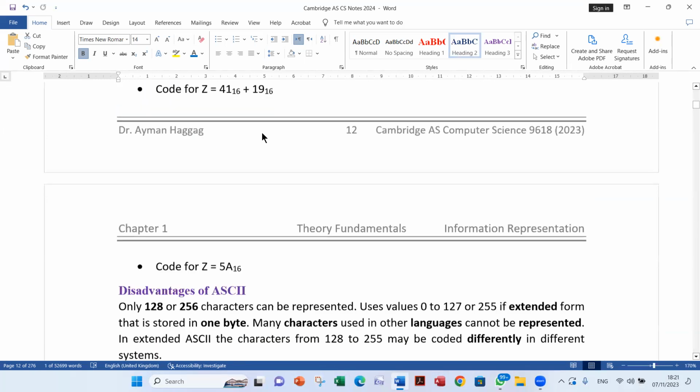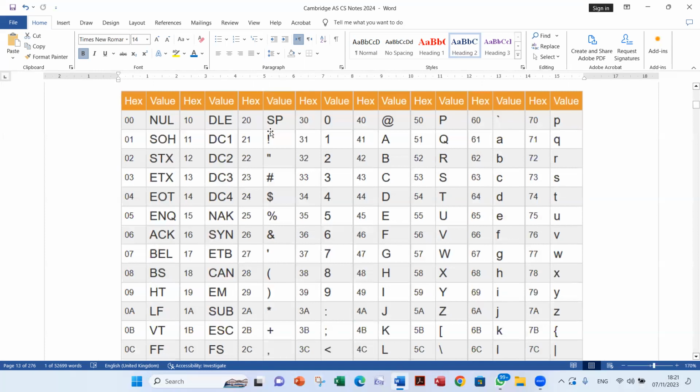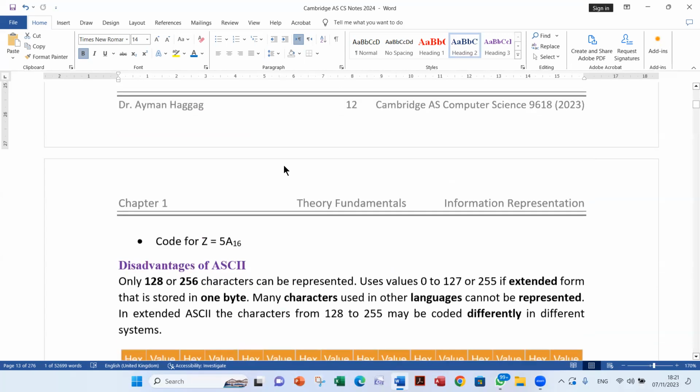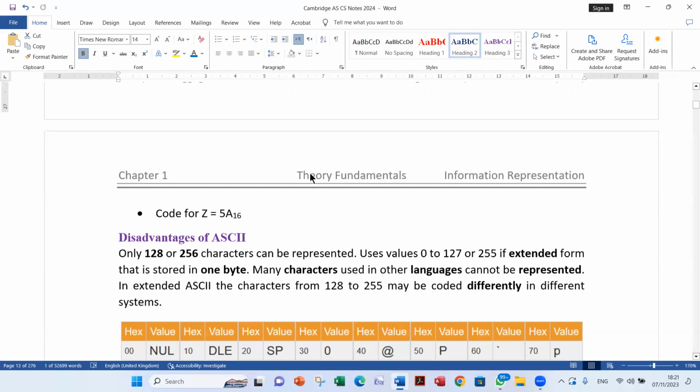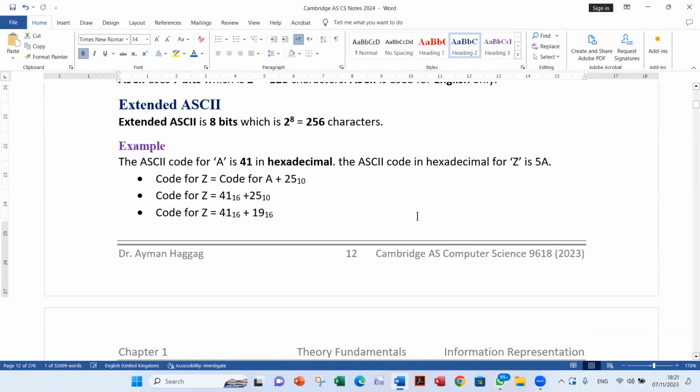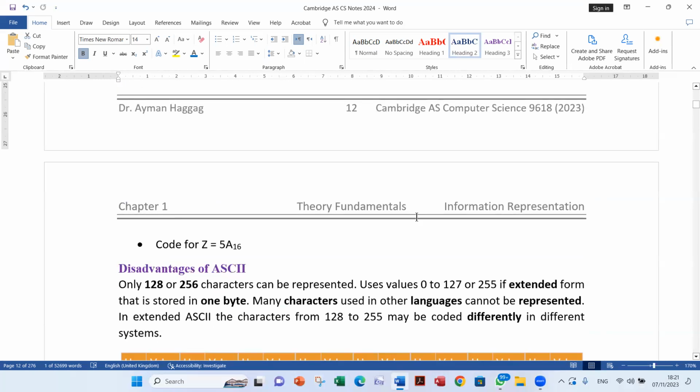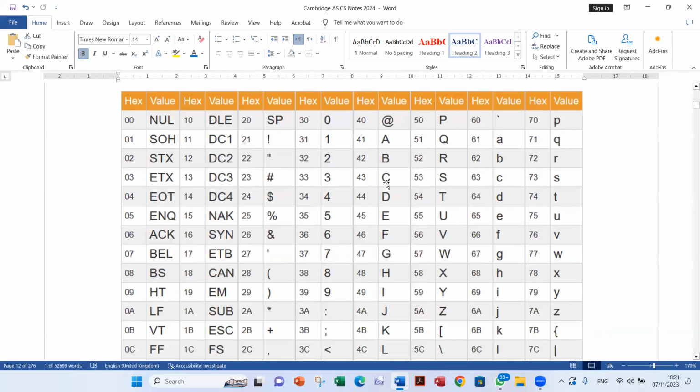So the ASCII code, this is the table of the ASCII code. You are not supposed to memorize it, but maybe you need to play with it a little bit. For example, they tell you that the ASCII code for A is 41 in hexa.